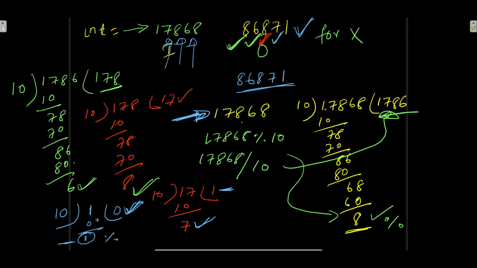So now we will try to understand how we can write the same thing in Java code. Now we got the logic, our brain should function now, and we should be able to write that. But one more thing, guys: when I did a modulus, 8, 6, 8, 7, 1, I was just writing it down.